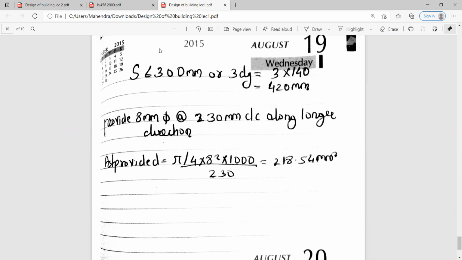Now you need to calculate ASD provided. For calculation of ASD provided, you have the formula, that is pi by 4 into d square into 1000 upon spacing. Here what diameter have you taken? 8 mm. So substitute the value for the diameter, that is pi by 4 into 8 square into 1000 upon spacing. So you will get ASD provided, that is 218.54 mm square.